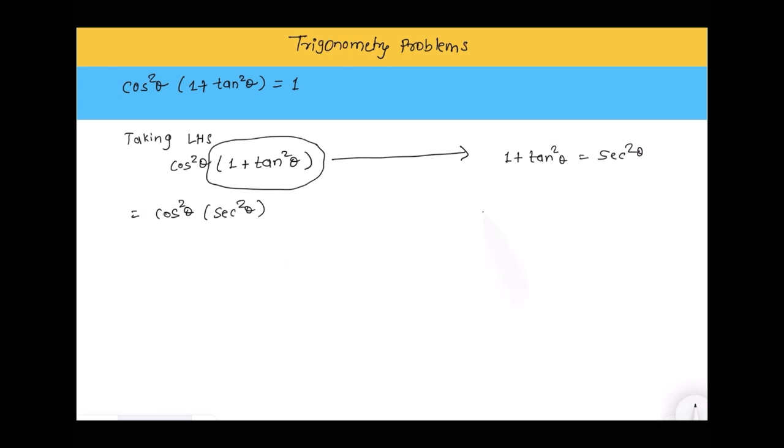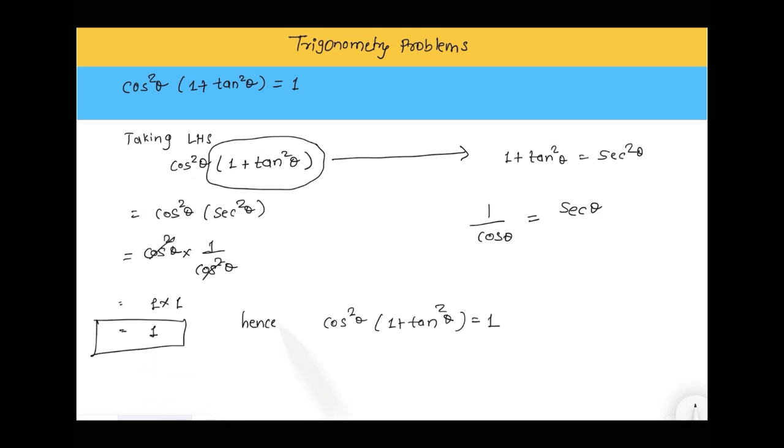But we also know that 1 upon cos theta is equal to sec theta. So we get cos square theta into 1 upon cos square theta, as 1 upon cos theta is equal to sec theta. So cos square theta gets cancelled out. We get 1 into 1. Hence, cos square theta into bracket 1 plus tan square theta is equal to 1.